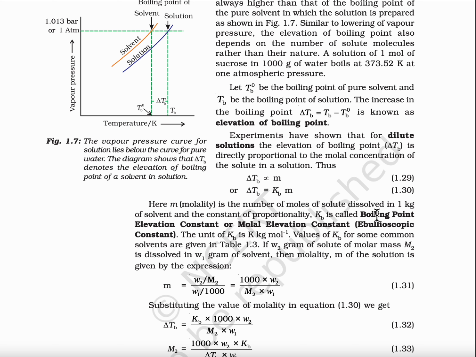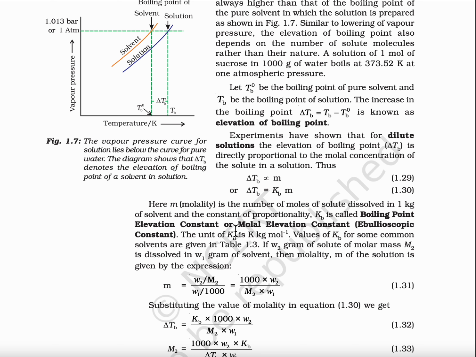Kb is the boiling point elevation constant. Here m is molality, the number of moles of solute dissolved in 1 kg of solvent, and the constant of proportionality Kb is called the boiling point elevation constant, molal elevation constant, or ebullioscopic constant.